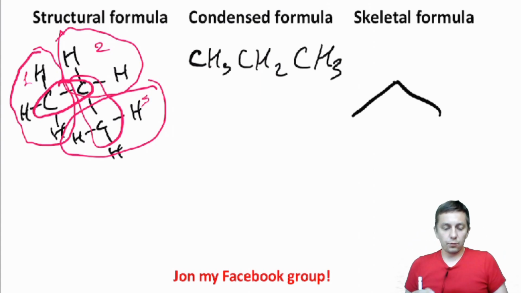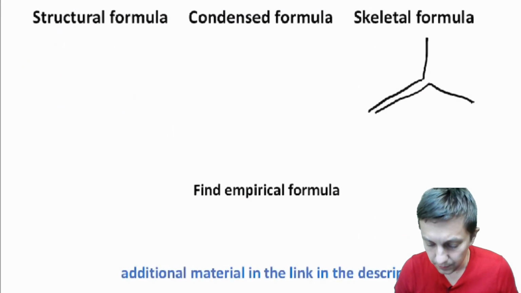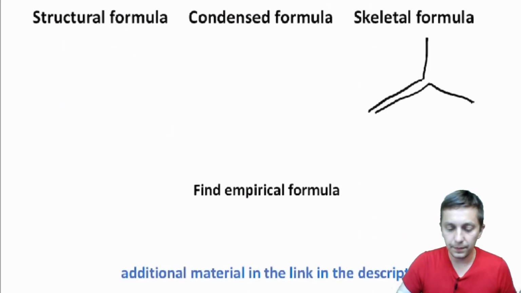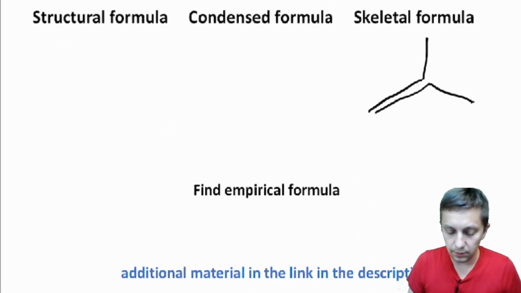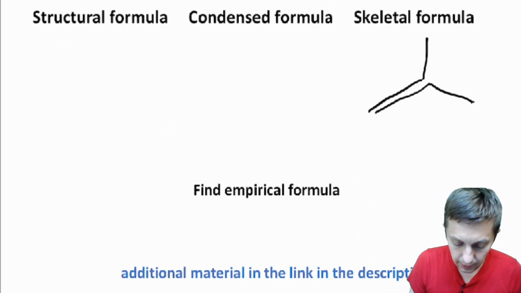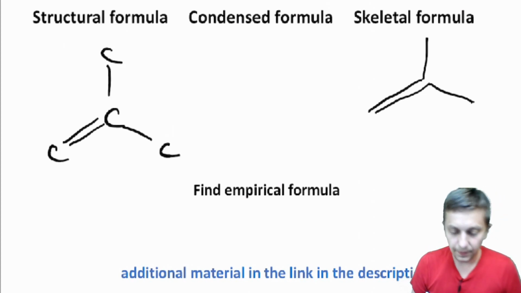By using the structural formula, you can predict properties and name compounds, but it's too messy. And if we have a skeletal formula, we can create a condensed formula from it. We have bonds, so carbon, carbon, carbon, carbon.